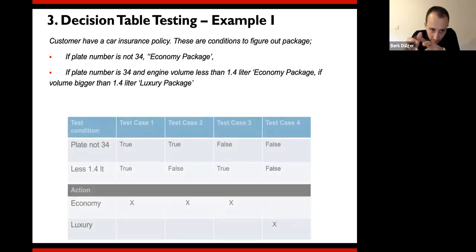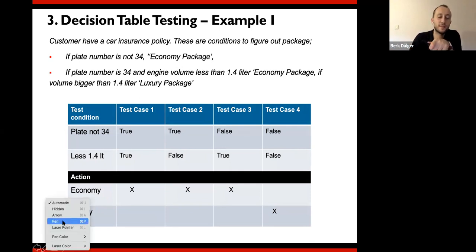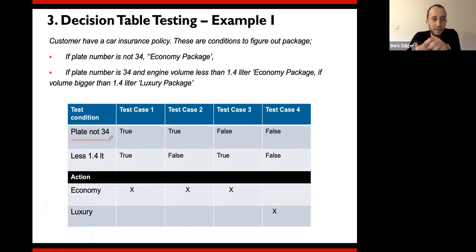Here is how it will look. We have two conditions: having a plate 34 or not, and having an engine less than or about 1.4 liters. Actually, friends, it's not important to use negative wordings here.